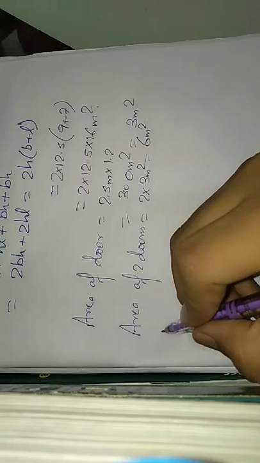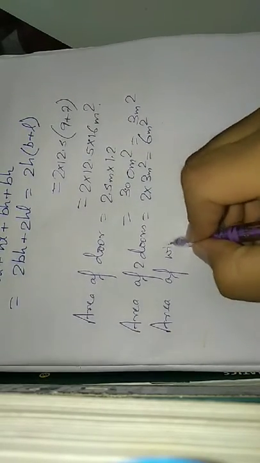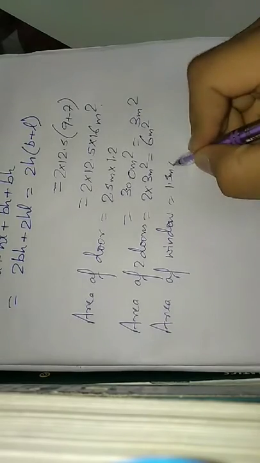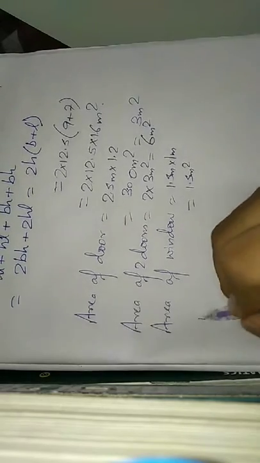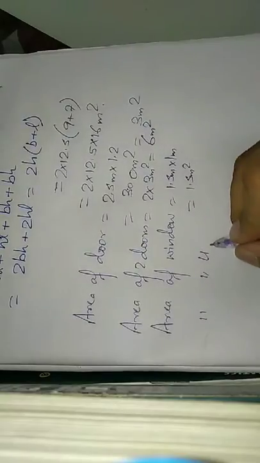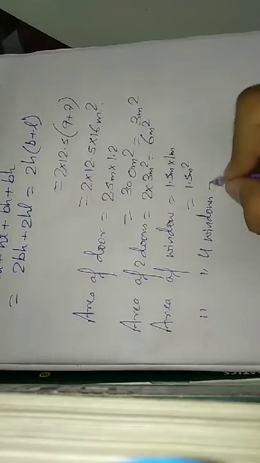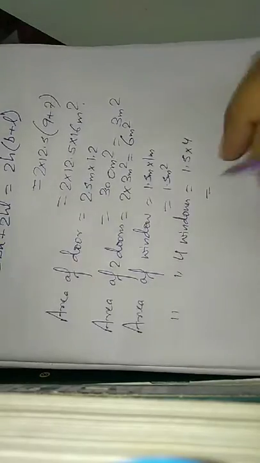Acha, now let's talk about window. Area of window. They said that window is 1.5 by 1 meter. 1.5 meter by 1 meter, right? So it's 1.5 meter square. So how many windows are there? 4 windows are there. 1.5 into 4, 6 meters square, right?